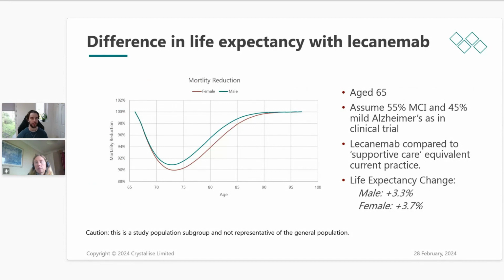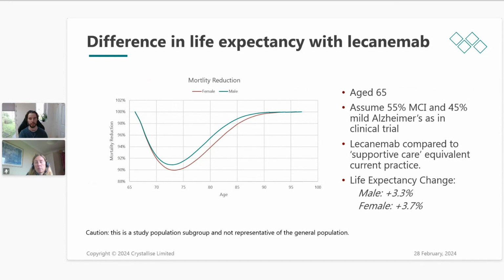So you'd expect fairly limited mortality effect in the early stages. But over time, that effect increases. So for this particular population, this is the study population, everyone has mild Alzheimer's, but 55% have the lesser mild Alzheimer's, and 45% have the more severe but mild Alzheimer's.